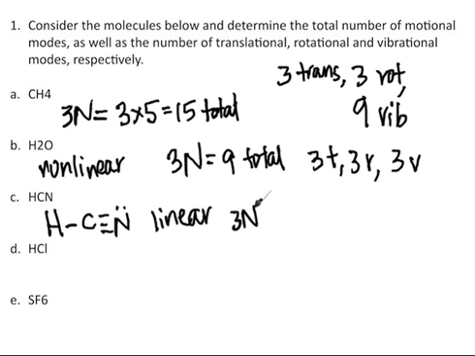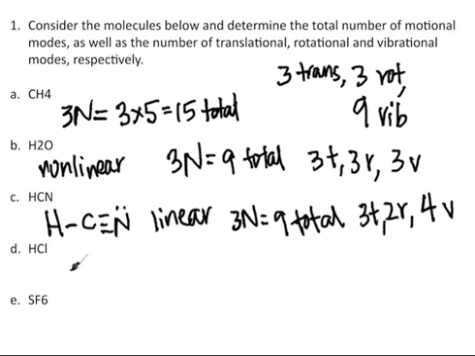That will give us 9 total. We will have 3 translational, as always. However, this time we will have 2 rotational. Because it's linear, there's only 2 rotational modes. So that leaves us with 4 vibrational.